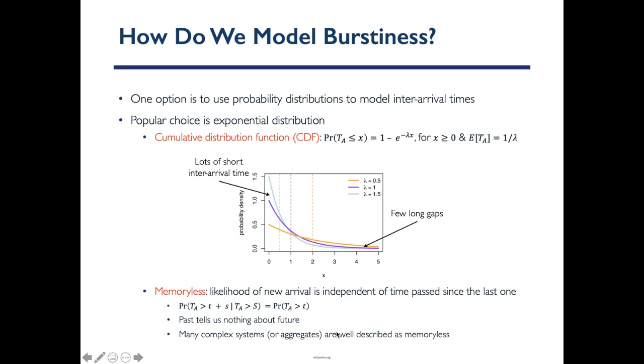Many complex systems can be described by the memoryless property, but there are also systems that cannot be described by memoryless distributions. For instance, if you haven't been able to load the page that you're looking for in 5 seconds, then the probability that you will have to wait another 5 seconds is a lot.